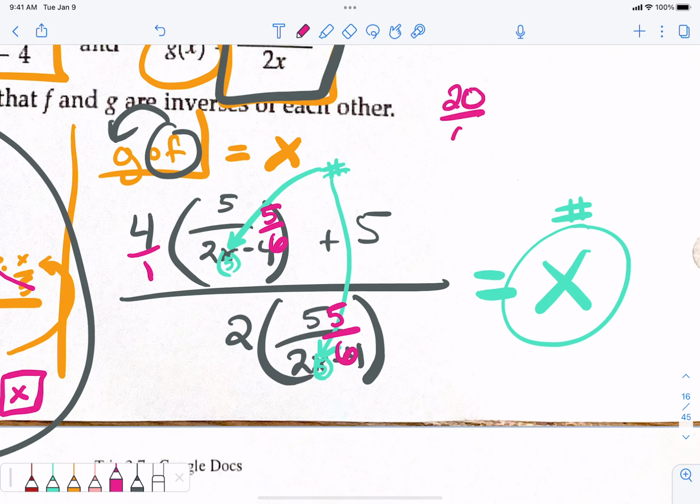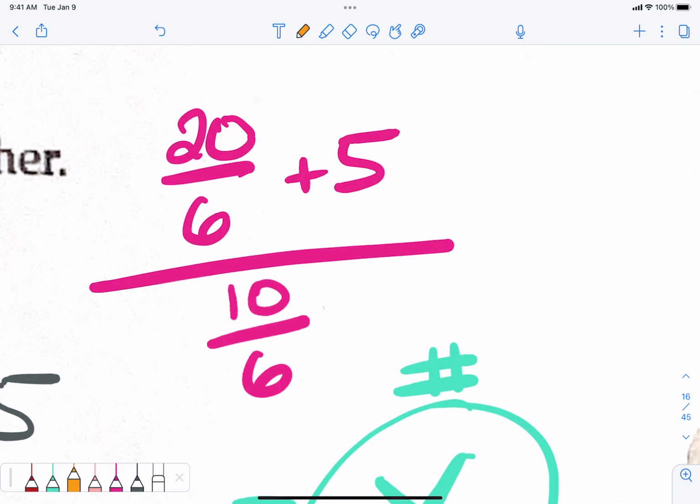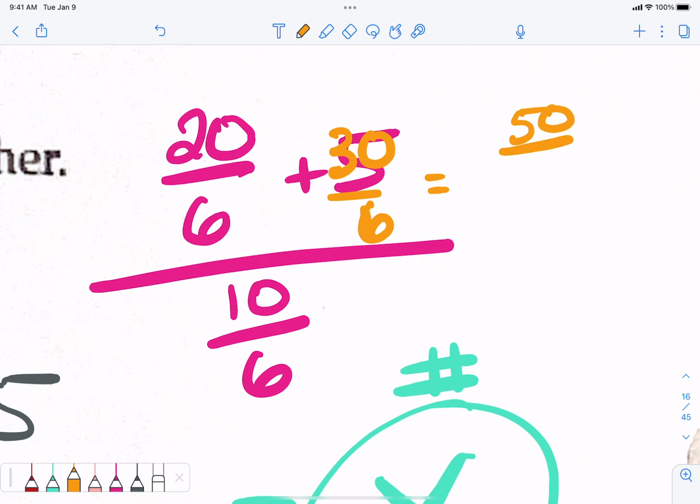We have 20 over 6 plus 5 on the top. Okay, on the bottom, that will be 10 over 6. If I add 5, this is like 5 over 1, right? That would be 30 over 6. So that is 50 over 6 over 10 over 6.